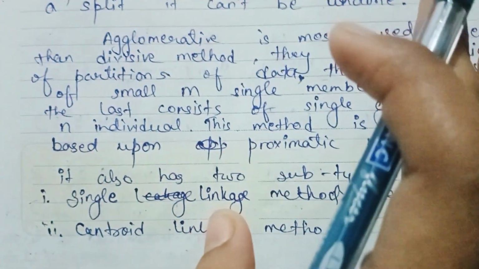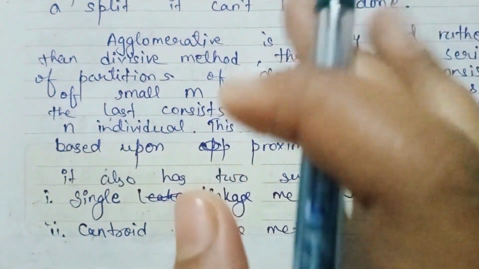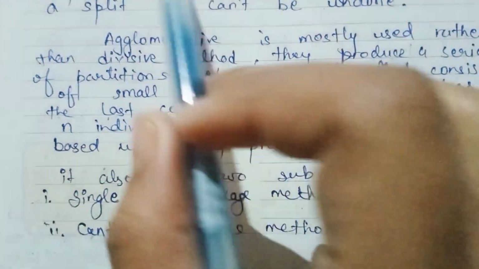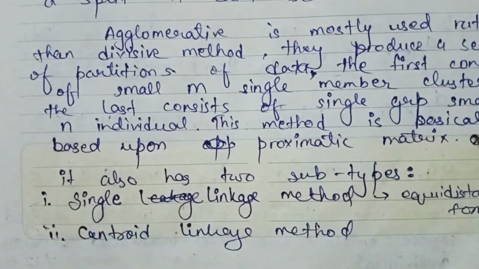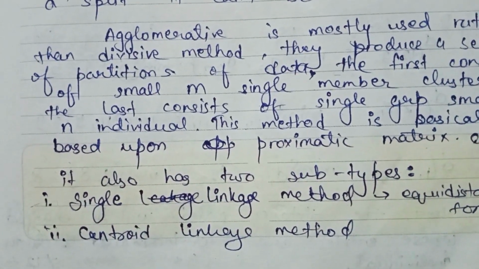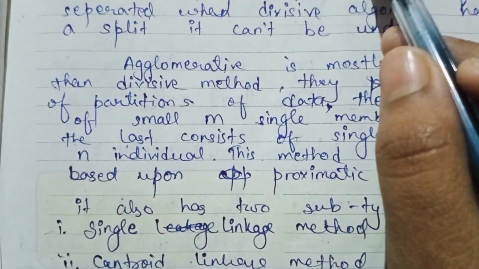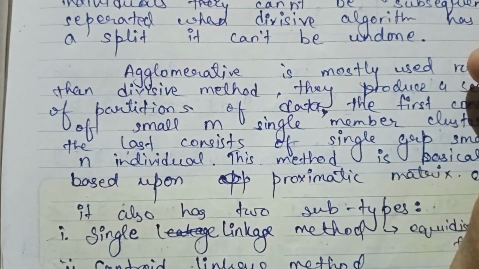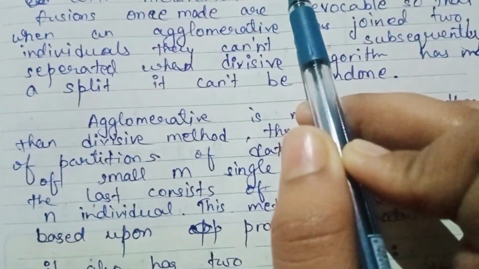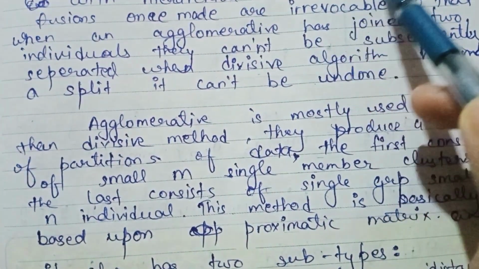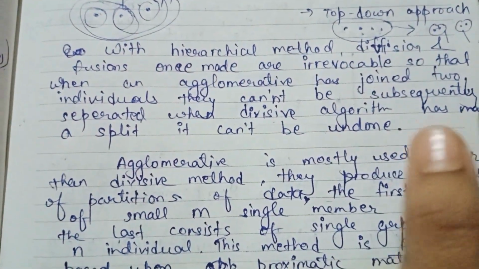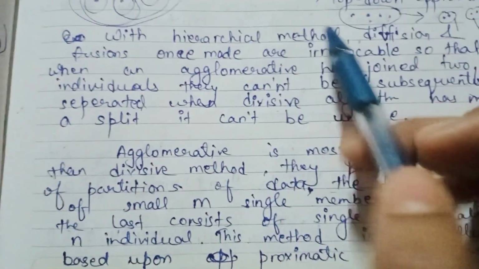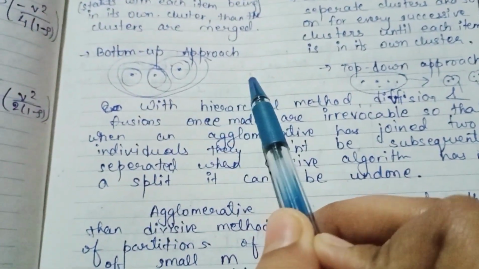Hence there are fewer calculations, and each step up requires fewer calculations, which is why it is known as the bottom-up approach. But in the divisive method we use more calculations, as the name suggests, top-down approach. Each time we need to divide the cluster into two other parts, and again two other parts. Hence the agglomerative method is widely used.